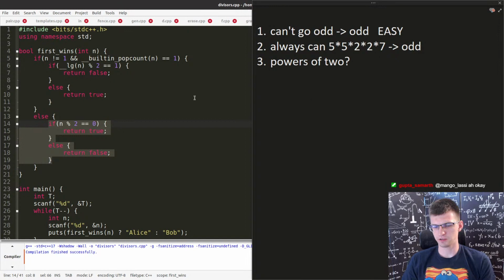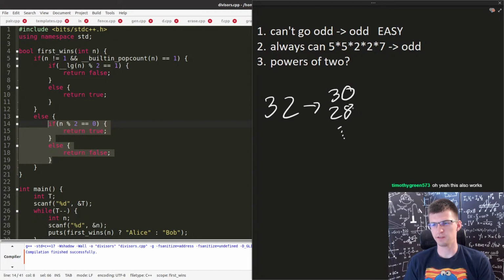With powers of 2 you can do only one thing. Not only one thing, you can subtract 2, 4 and so on. If from something like 32 you subtract 2 or 4 and so on, you will get even, and we know that even number is winning by default, so those are bad moves.